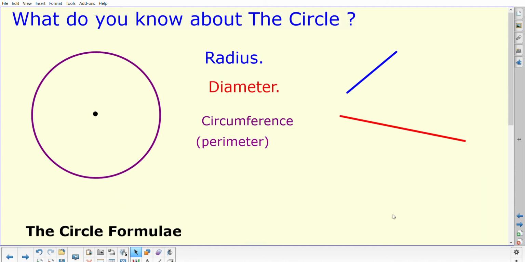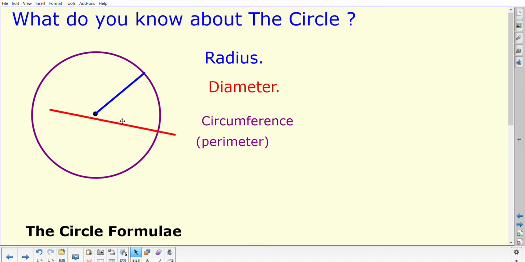So, quick recap, what have we learned about the circle? The terms that you should be familiar with, the radius. What is the radius? Well, the radius is simply the distance from the centre point of a circle to the edge, whereas your diameter is the distance that goes all the way across the circle from one side to the other.